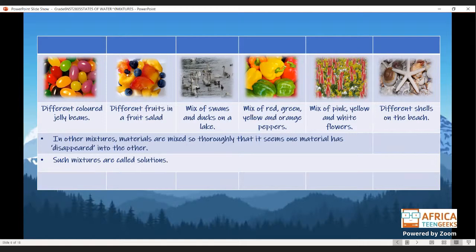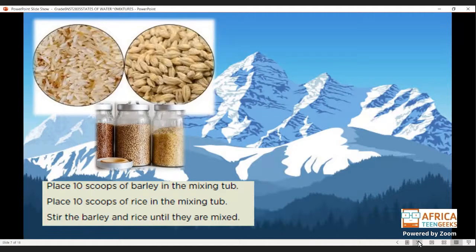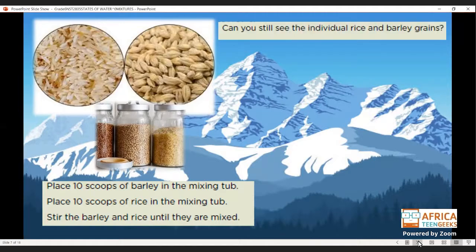Okay, for those of you still writing this down, I'm going to wait here a little while. All right. If you had to imagine mixing these two ingredients together, can you still see the individual rice and barley grains?